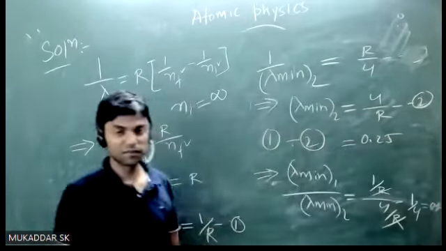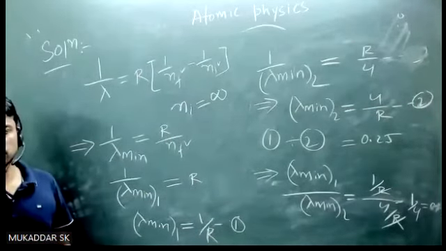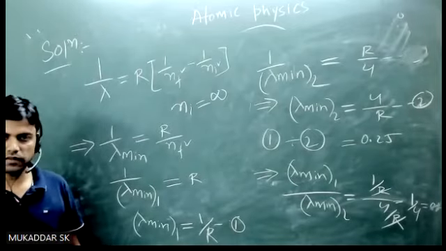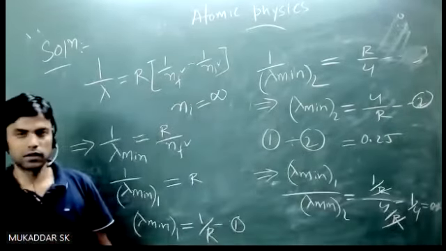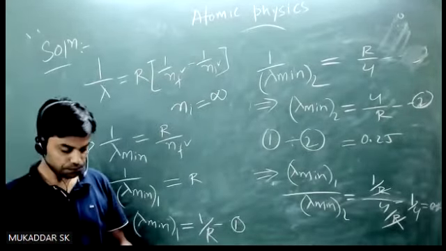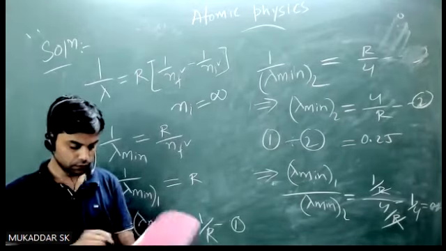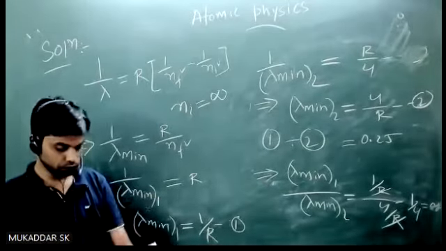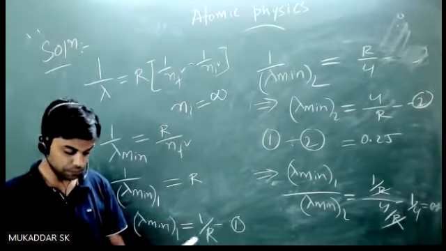Is it clear to all? The ratio of minimum wavelength of Lyman series to that of Balmer series for hydrogen atom is 0.25. Is it clear to all? Yes, sir. Okay. Shall I proceed? Okay. One more problem, please do.